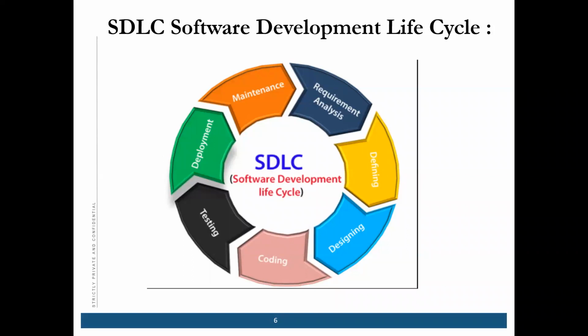The tester will do their testing and find the defects. They can test the software manually or by an automation tool, depending upon the process defined in the software testing life cycle, whether they have to test manually or use any tool.